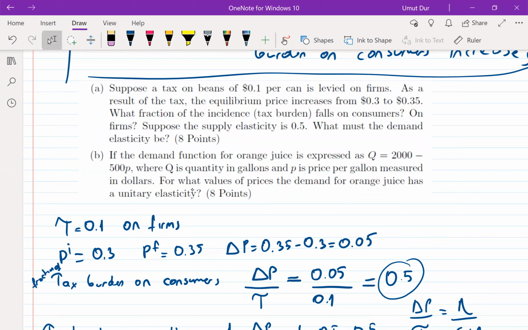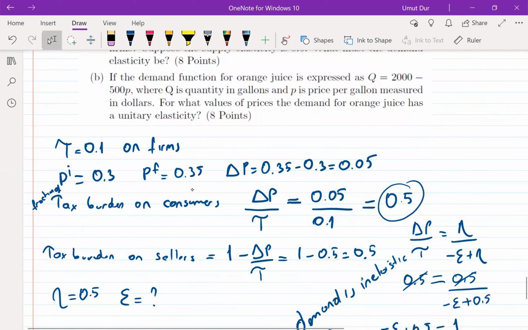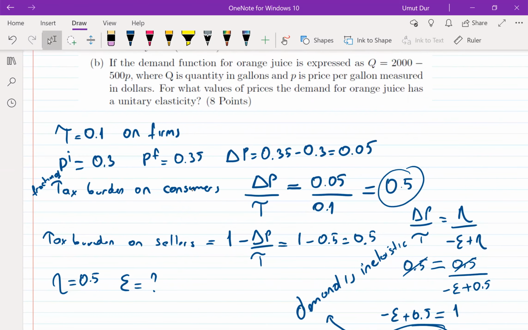So for the second part, part B, it asks: if the demand function for the orange juice is expressed as Q is equal to 2000 minus 500 P, here quantity is given and price is given. And it asks for what values of the price the demand for the orange juice has a unitary elasticity.